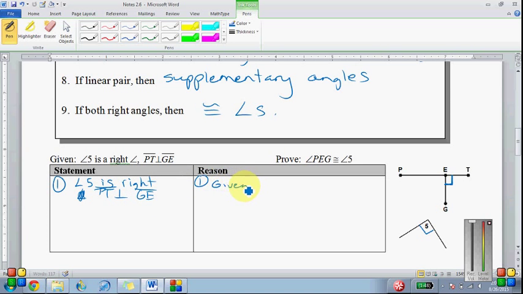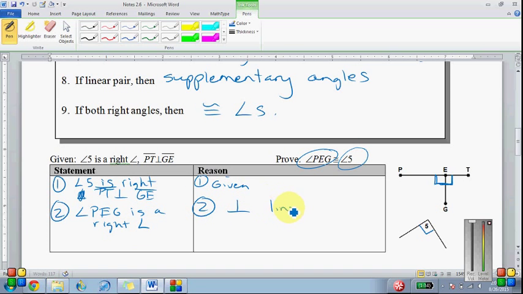So that's given. Next thing that we notice, well, if this is perpendicular, then angle PEG, which we're trying to prove is congruent to angle 5, would be a right angle. Angle PEG is a right angle because I have perpendicular lines.